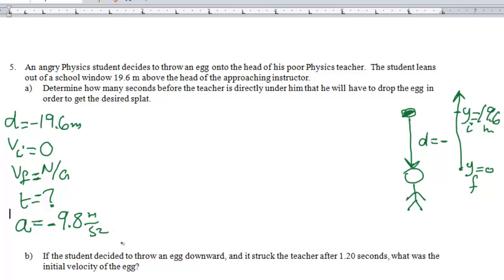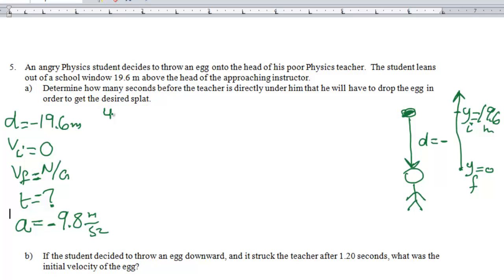Of course, it's downward. Okay, so we need to find an equation that has t, since t is the unknown. At the same time, it should not have the final velocity because we don't have the final velocity. And the only equation that does not have the final velocity is equation number what? Exactly, it's number 4.